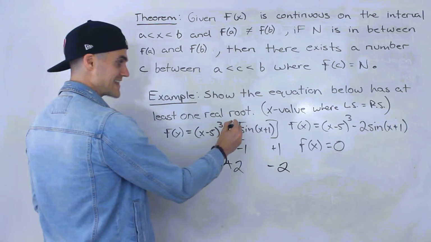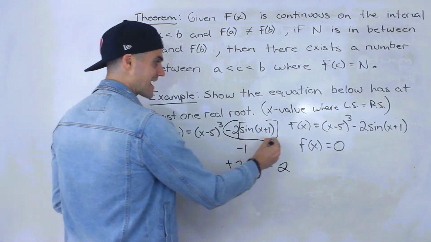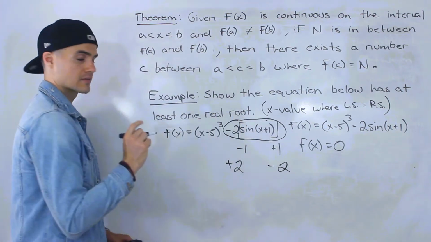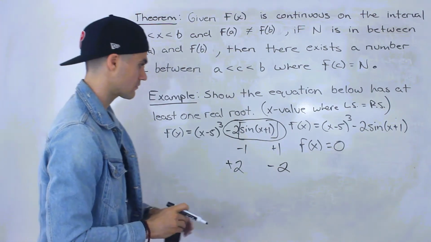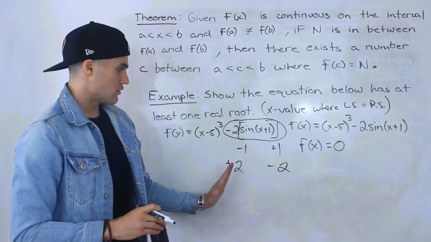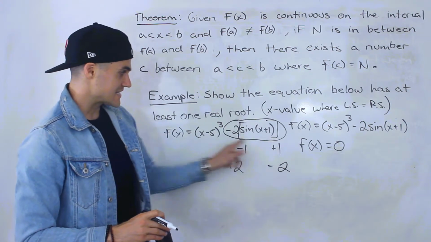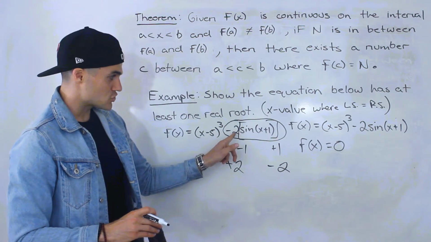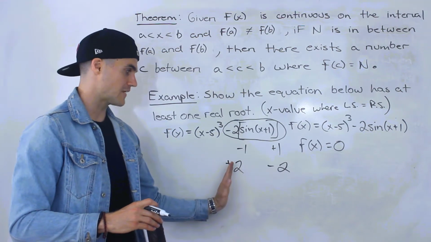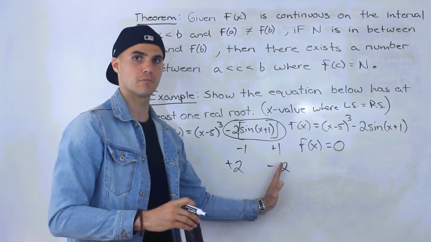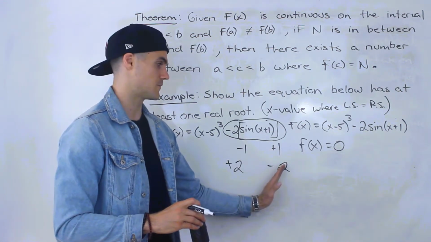So what that means is that for this entire expression in the function, this -2 sine of x plus 1, the maximum value is +2, and the minimum value is -2.